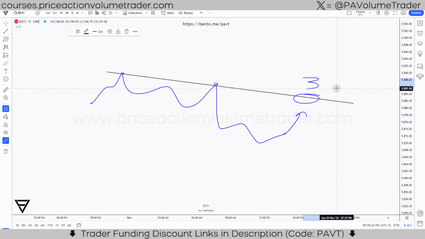Usually the third touch is going to be the confirmation touch, and we're going to observe some kind of reaction. But after the third touch, if I see that the market keeps coming back, and in this case we're making higher lows, coming again into that trend line, then I start really paying attention for a possible breakout.